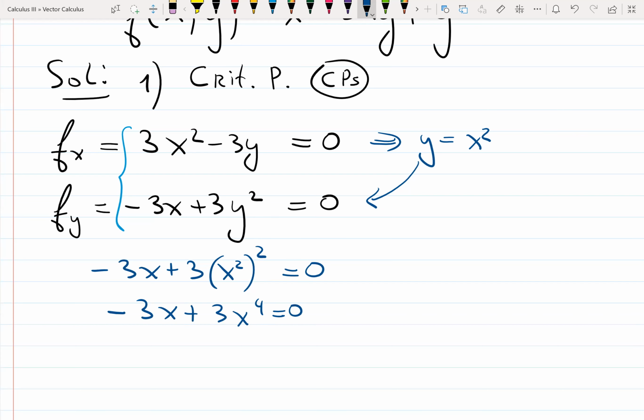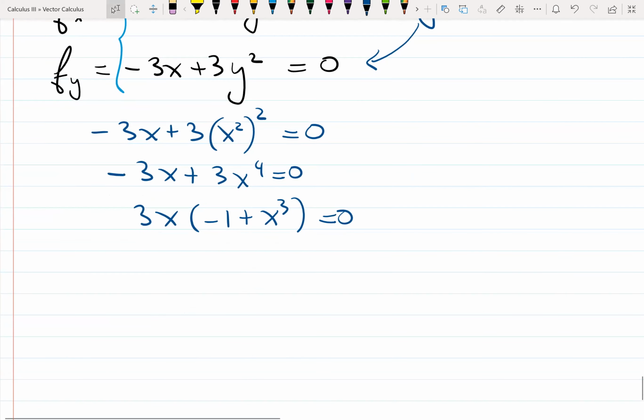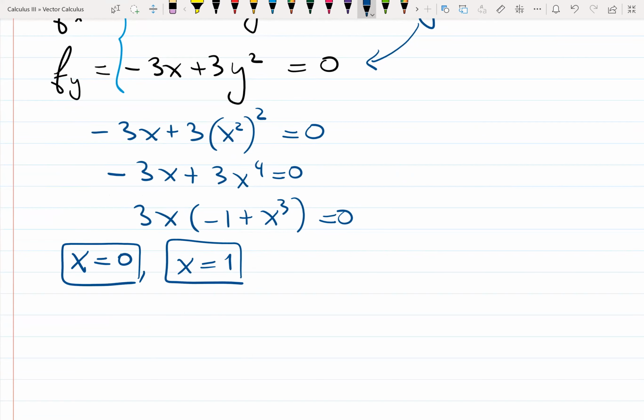Divide by 3, factor out x. Let's do x times x cubed minus 1 equals 0, gives you two roots. X is 0 and x is 1, not plus minus 1 because it's cubed. So I have two solutions for x. That gives me two solutions for y.